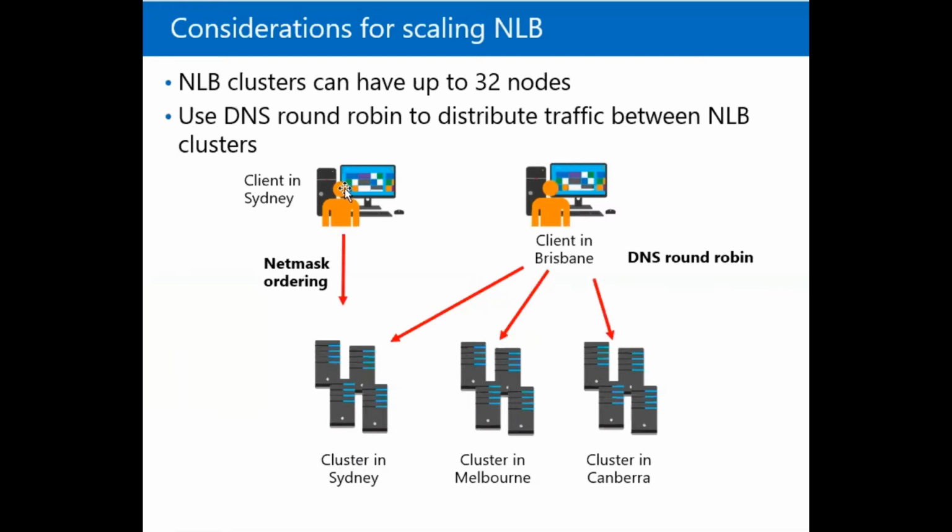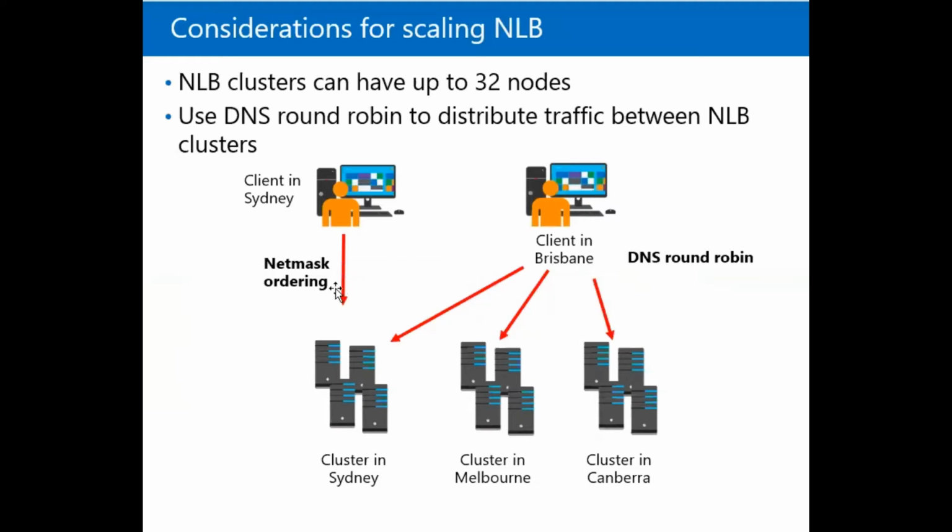So how will the traffic be distributed? DNS has a big role in here. DNS will distribute all the clients to our NLB cluster in a round robin format. So DNS knows all of these servers. DNS will send one to that one, then the next traffic to that one, and the next traffic to that one. That's a round robin. And netmask ordering.